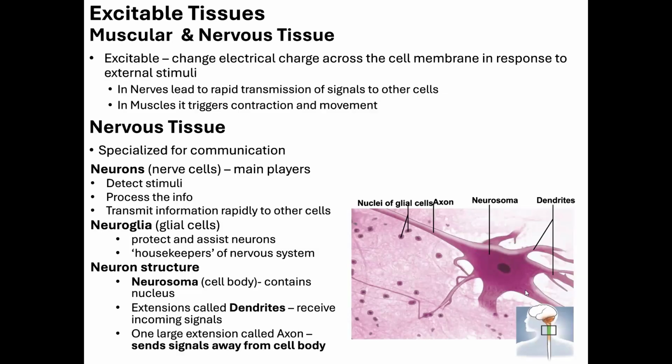One of the processes or extensions is very long, and that's called an axon. The axon carries impulses away from the cell body. And the dendrites, the short processes, carry impulses towards the cell body. So you have dendrites and axons.